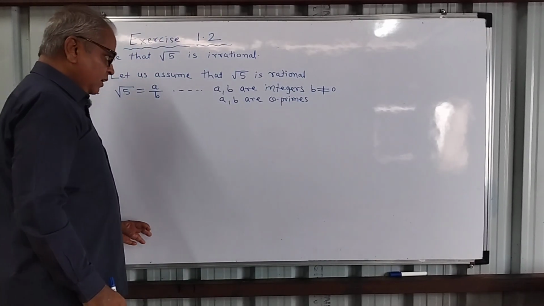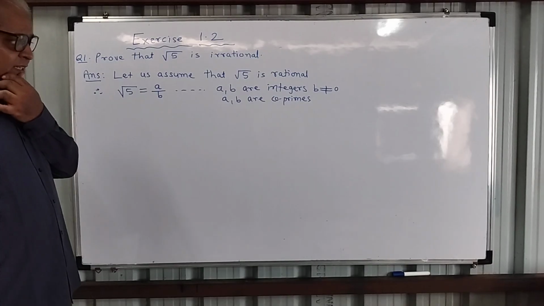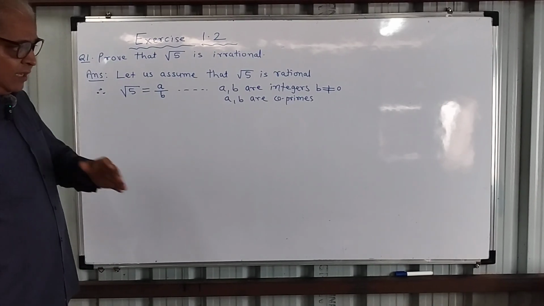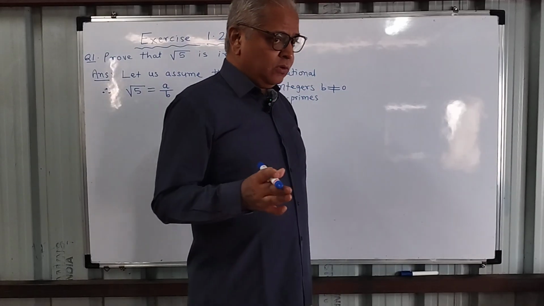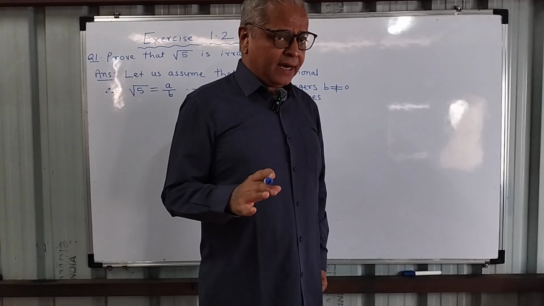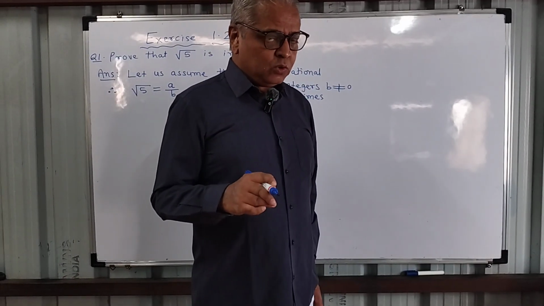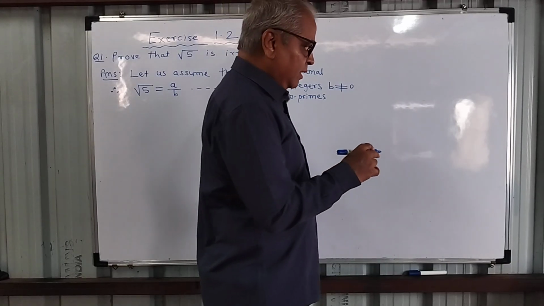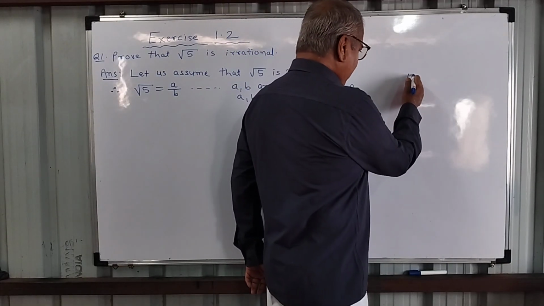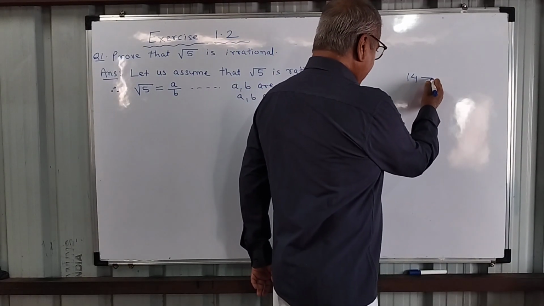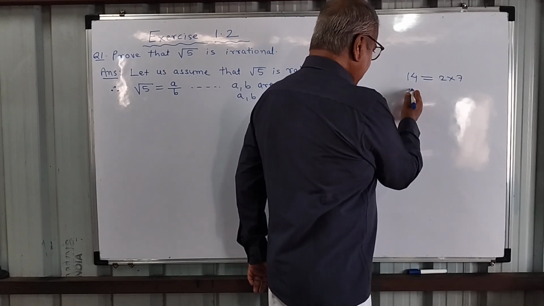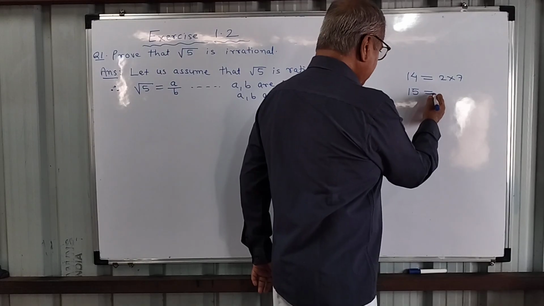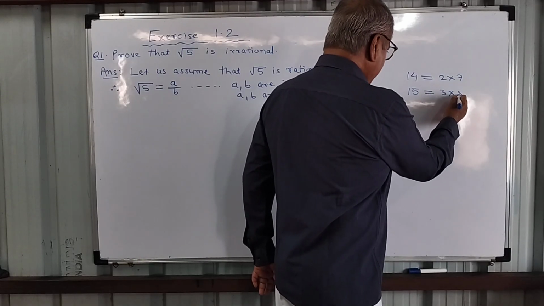Co-prime numbers. Now everybody knows what is co-prime number. Even then we will revise it. The numbers which have no common factors between them, those numbers are called co-prime numbers. For example, let us take 14. Factors of 14, 2 into 7, and factors of 15, 3 into 5.